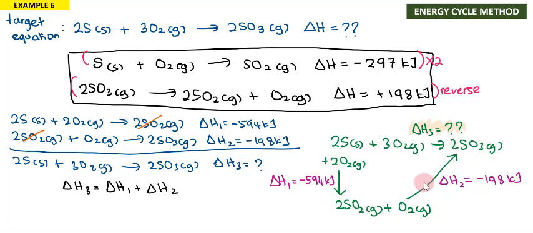So we have two steps here. The enthalpy change is equal whether I take one step or a series of steps. So the delta H3 is equal to the summation of delta H1 and delta H2. Then you can substitute your values and you will find the delta H3, the same answer as our algebraic method just now.